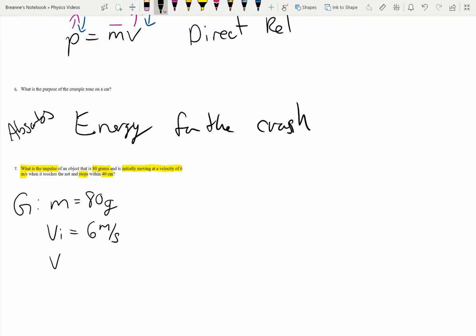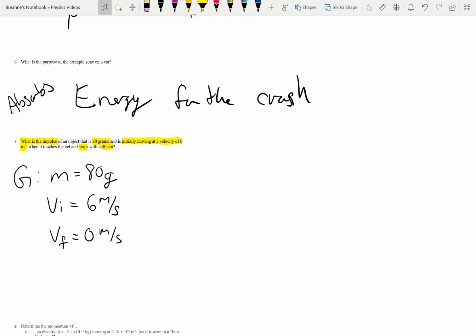It comes to a stop, so we know that the final velocity is 0, and it stops within 40 centimeters, so it gave us a distance of 40 centimeters. It asks, what is the impulse? So our unknown is impulse, which is in newton seconds.